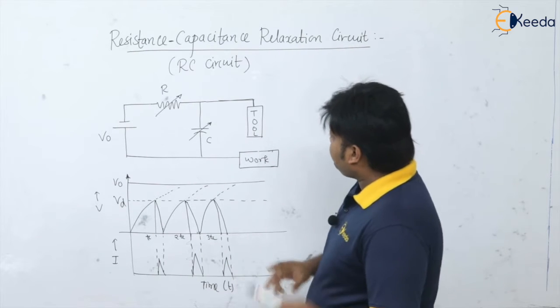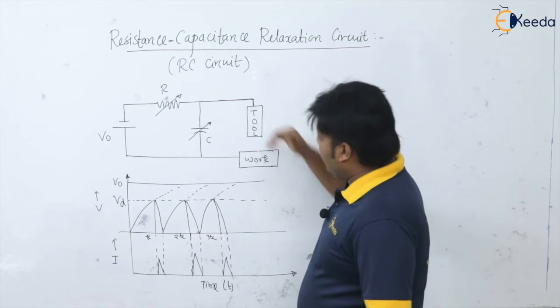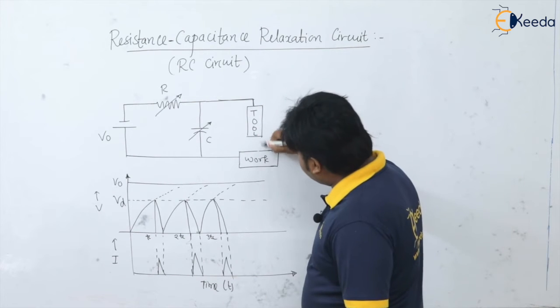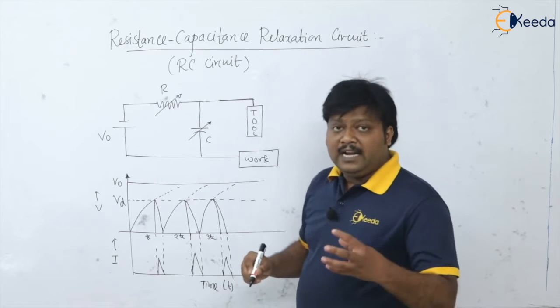Now see the voltage at the gap. The voltage at the gap means what? The gap between tool and workpiece.